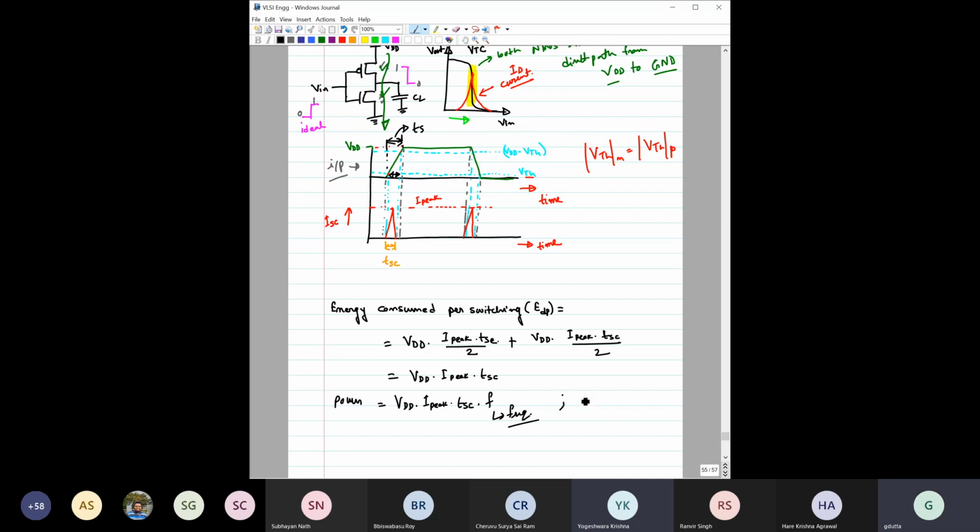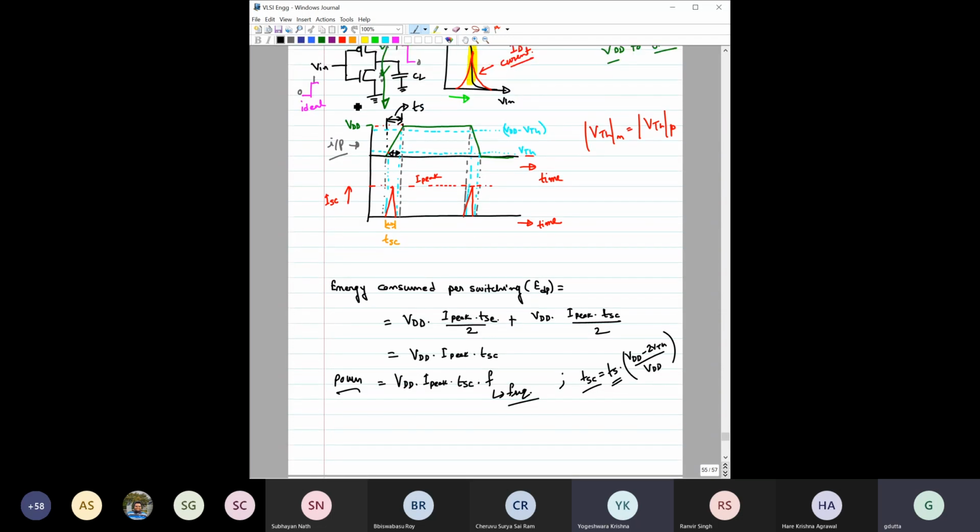This is not that important, but TSC can be obtained. Yes, TS into (VDD minus 2 VTH) divided by VDD. So if this is given, you should be able to find TSC, and you can estimate the power dissipation due to this direct path.